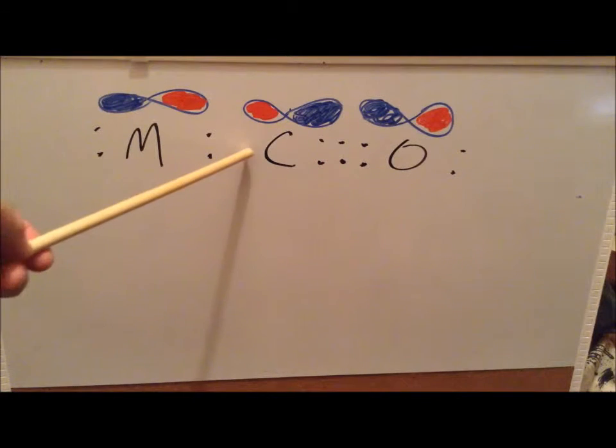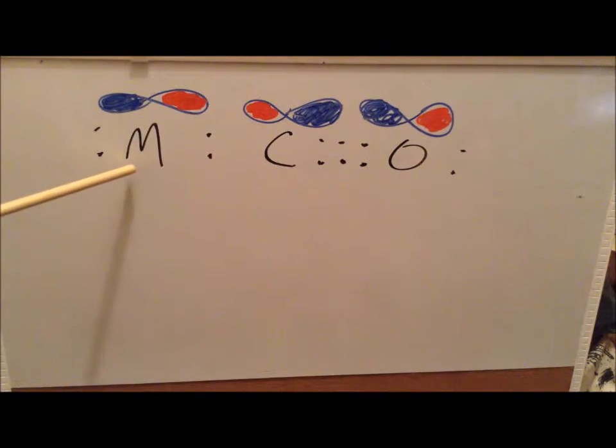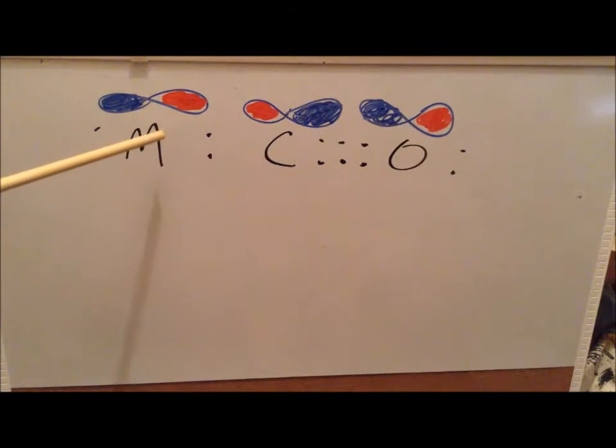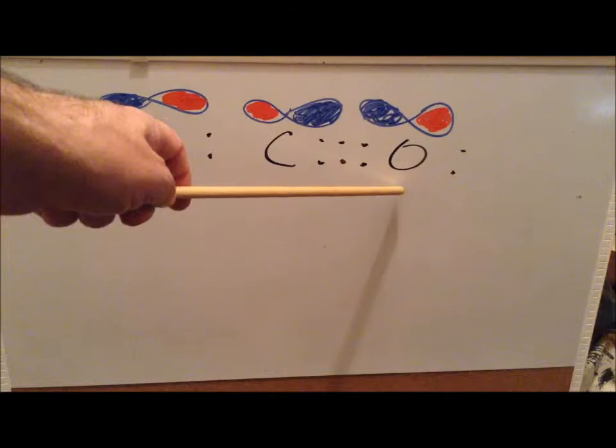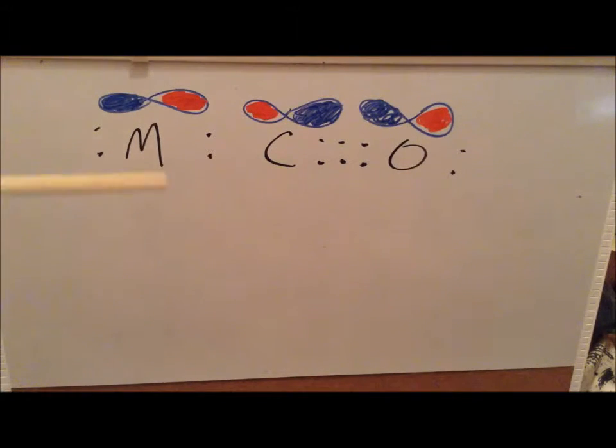By the same token, going from the carbon to the metal, red and red have the same phase. So this is also a sigma bonding interaction. So in this particular setup, carbon-oxygen is bonding, carbon to metal is bonding. So we have an all bonding interaction.